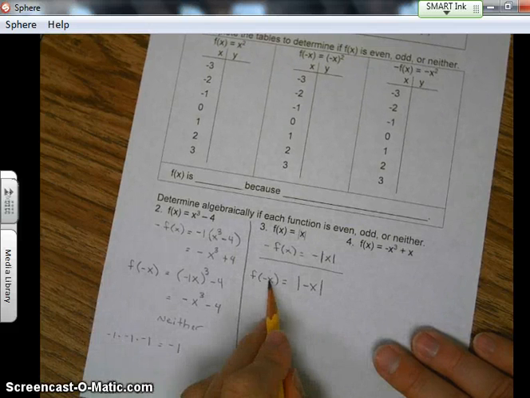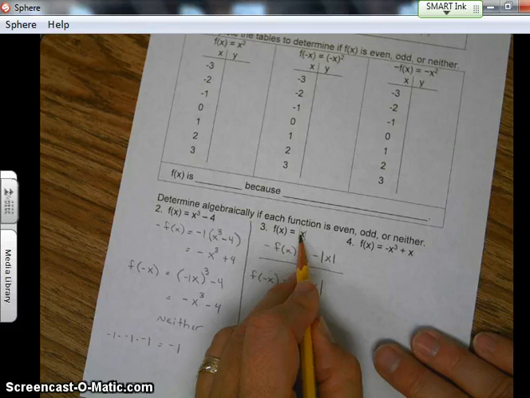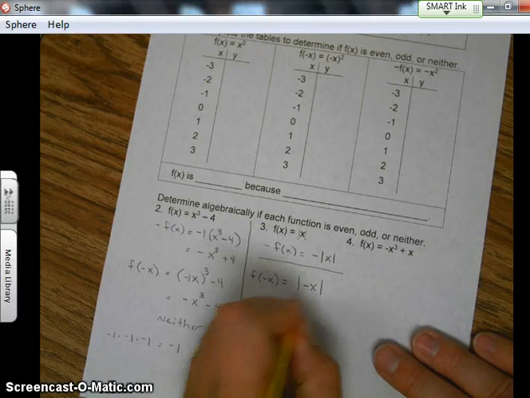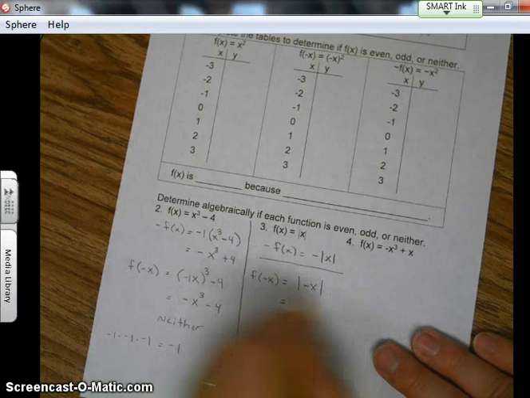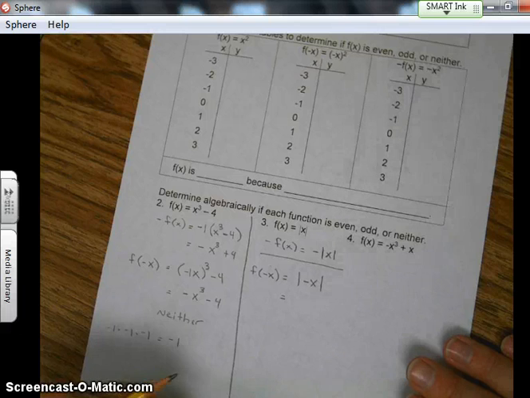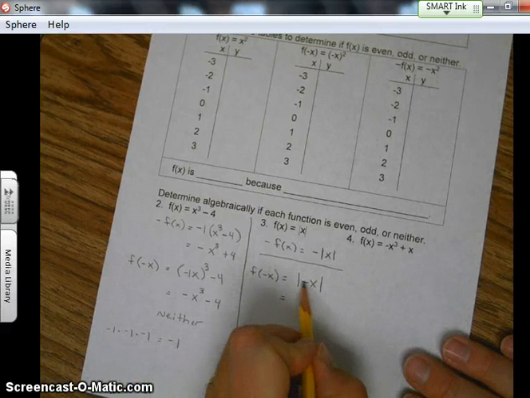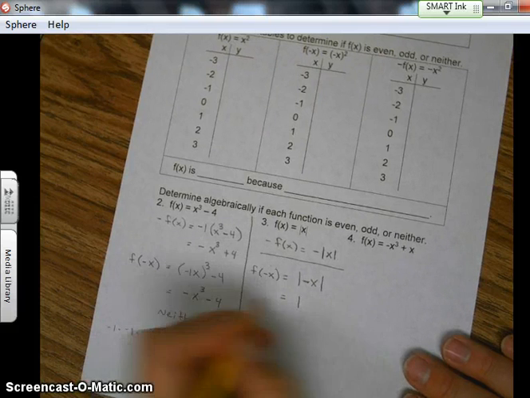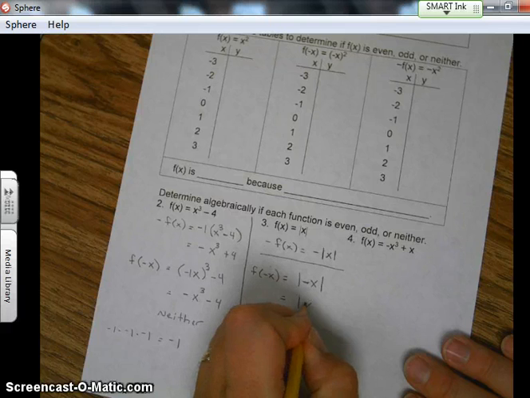So notice I plug negative x in for x, and this is what I get. Now remember, the absolute value of a number is always positive. It's the distance the number is from 0. So remember, this is a negative 1, and the absolute value of negative 1 is positive 1. So we get a positive 1x.